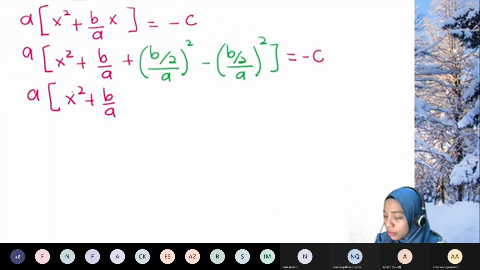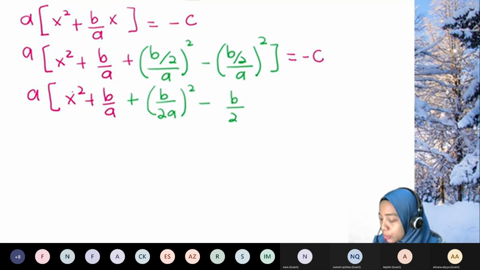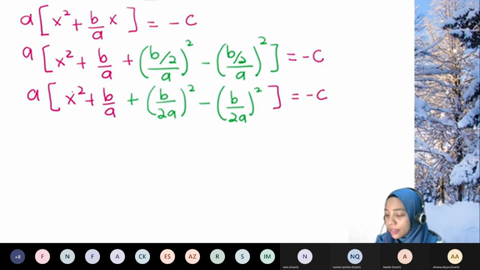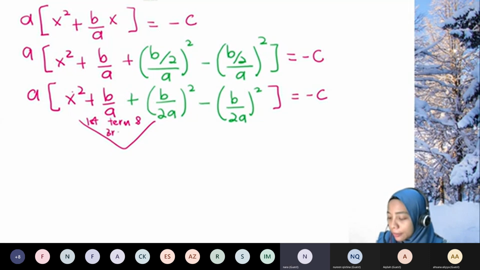Okay, so now kita teruskan. So ini akan menjadi B over 2A square minus dengan B over 2A square. Okay, I tutup balik bracket ini. Equals to negative C. Okay, kemudian first term, and apa? Third term.